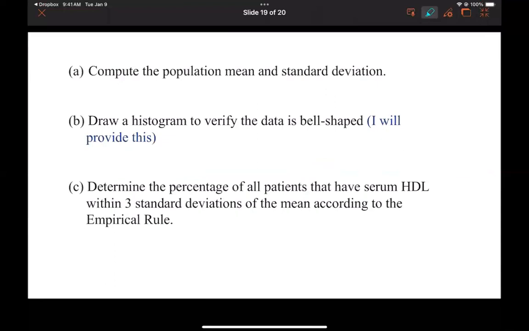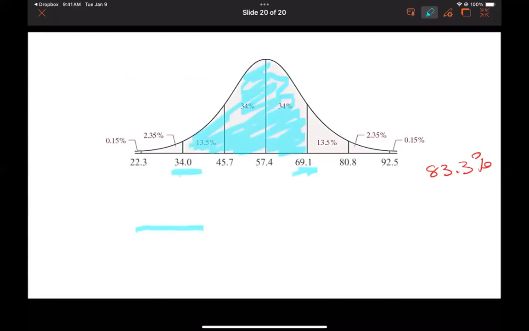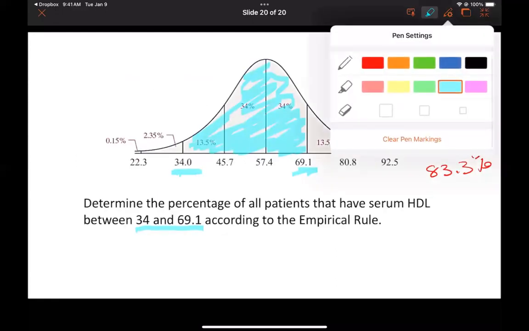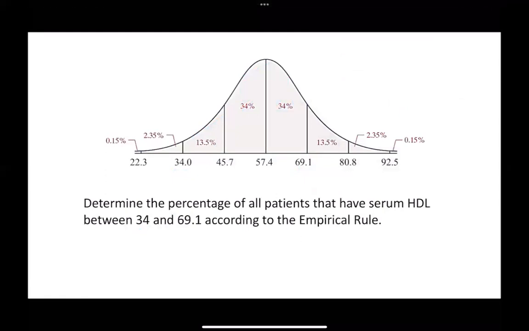Yeah, I didn't answer C. If I was answering C, if we were looking at 3 standard deviations, it's going to be from here all the way to here. So it would be everything except for this 0.15 in the end. So it would be everything between 22.3 and 92.5. So anything lower than 22.3 and higher than 92.5 wouldn't be part of that 3 standard deviations.